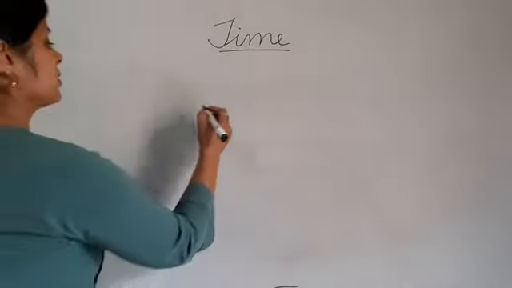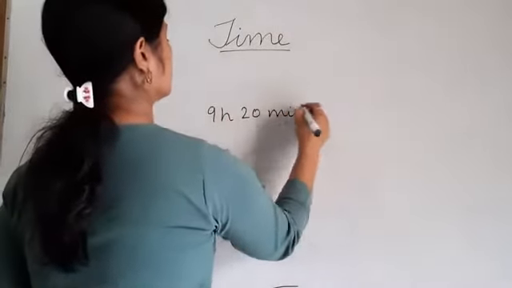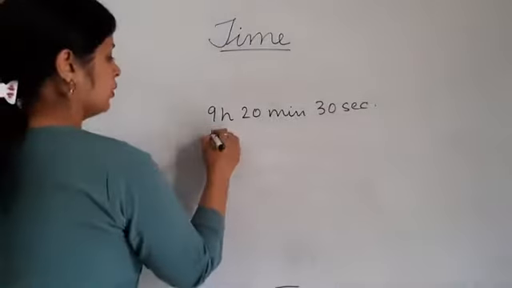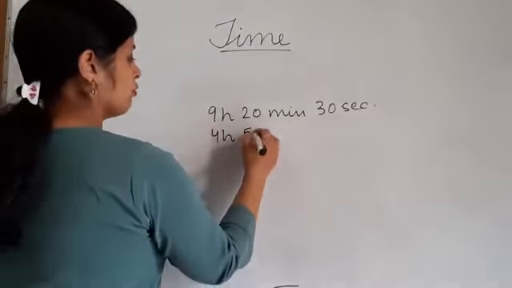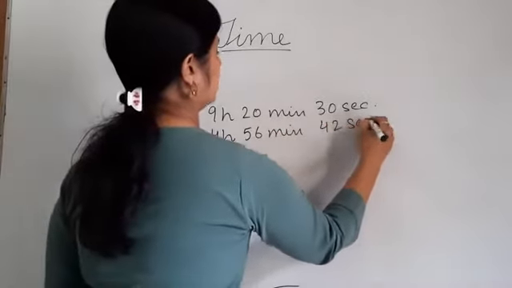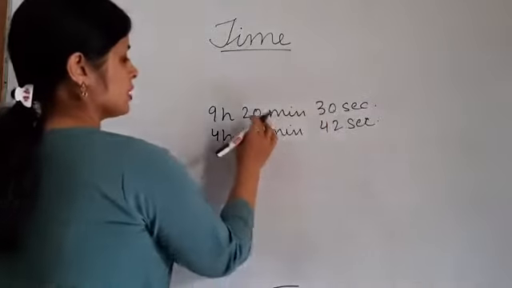Now take one more example. 9 hours 20 minutes 30 seconds, if we have to subtract 4 hours 56 minutes 42 seconds from it. Now see, in seconds 42 is greater than 30 and 56 is greater than 20.